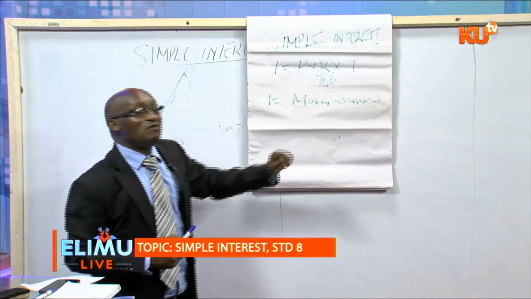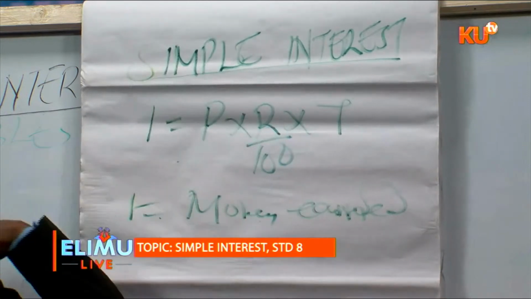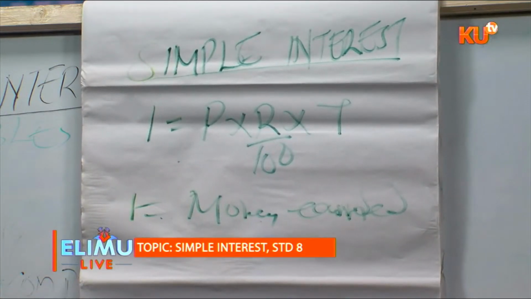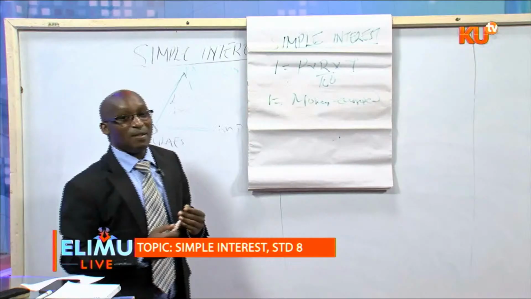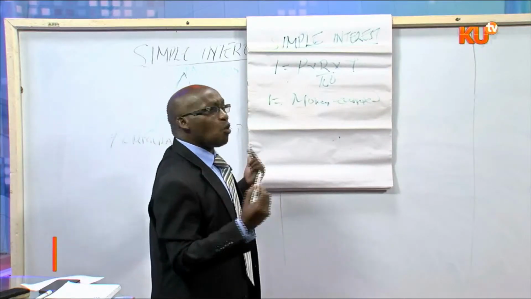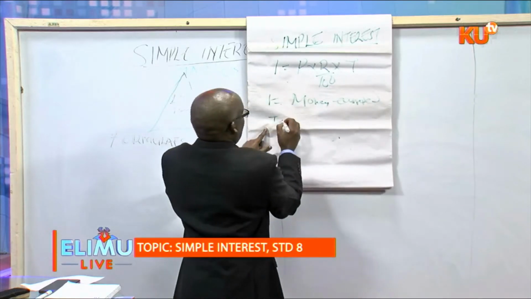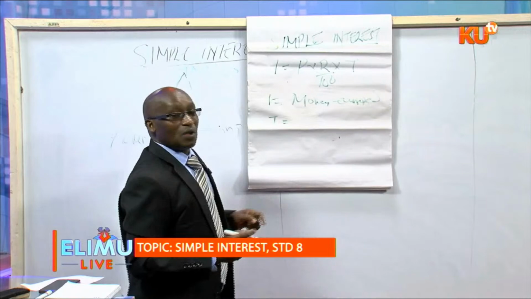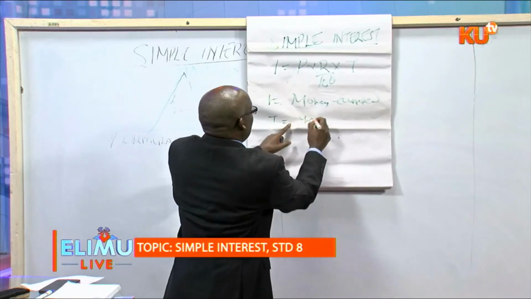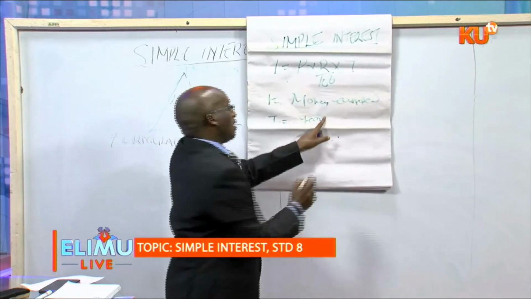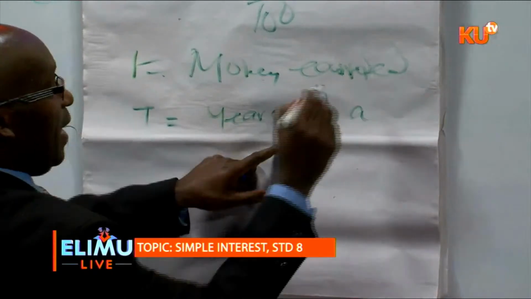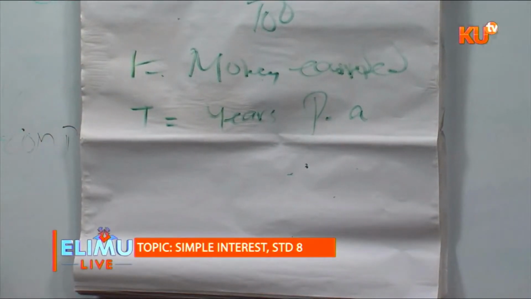One thing that I like to emphasize as far as time is concerned, it's mostly given in years. Time, mostly given in years, and hence the word PA, which means per annum.